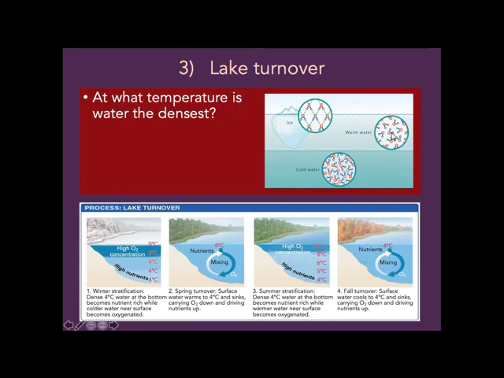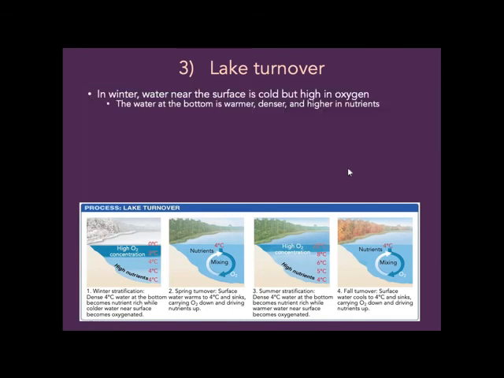When water is warm, the water molecules tend to be relatively far apart because they are excited and the warm water is expanding. So water is at its most dense when it is very, very cold, okay? And actually the densest water is at 4 degrees Celsius. So that is when water is at its most dense.